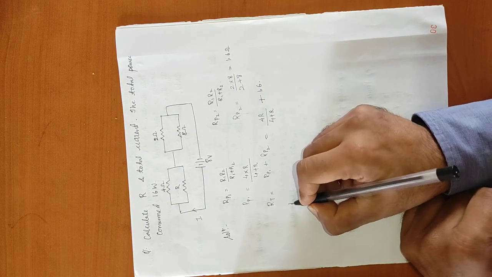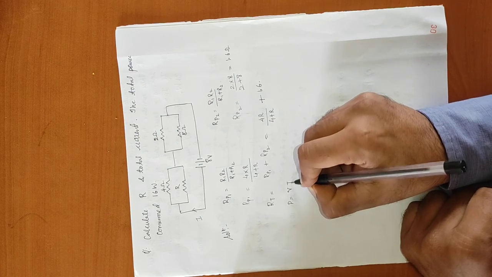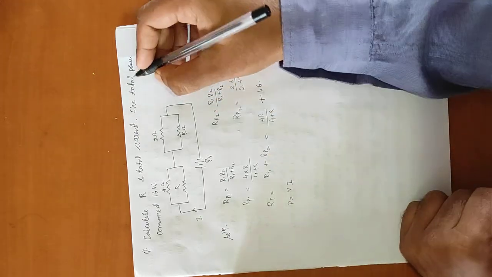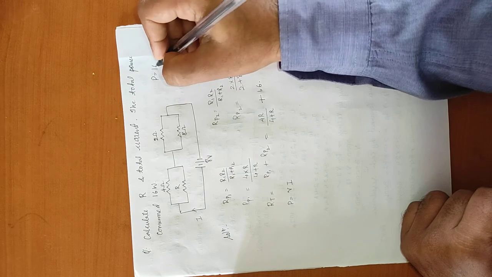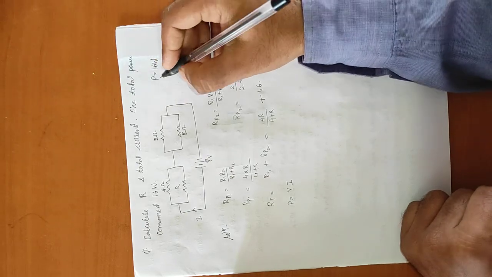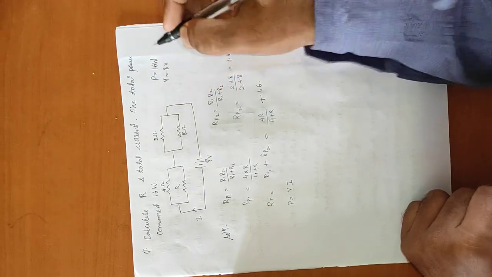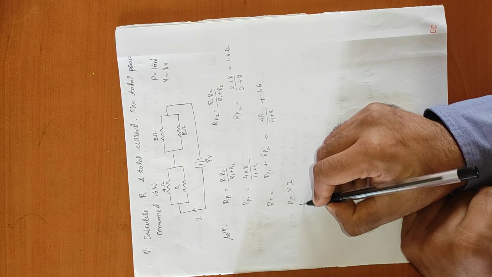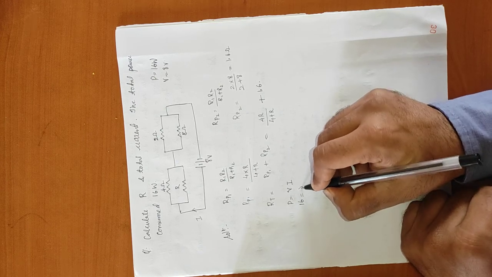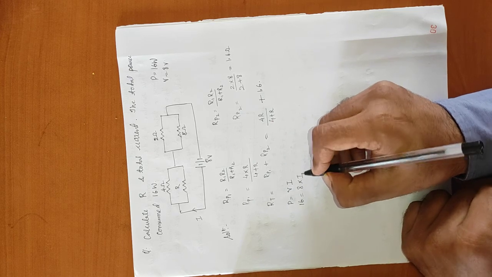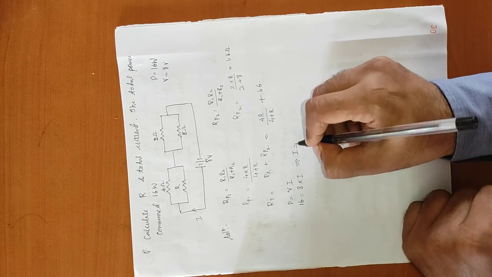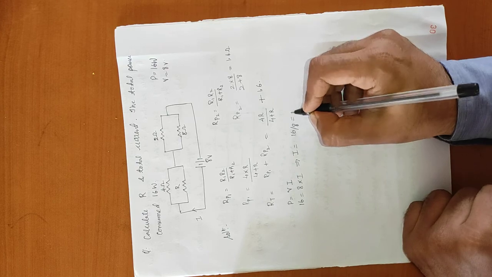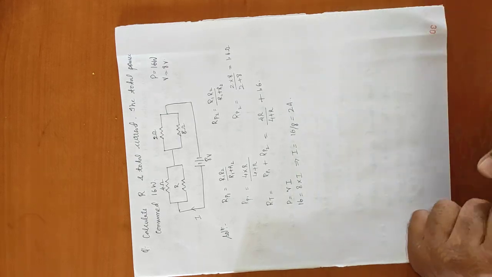By using P is equal to VI again, because we have the value of P. The power given is 16 watt and the voltage is 8. So I is equal to 16 by 8, and the answer is 2 ampere.